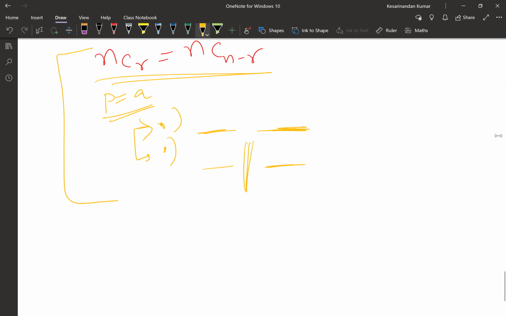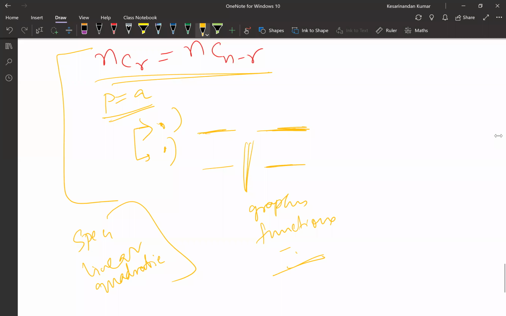So the two worksheets will be grouped like this: special equations, linear equations, and quadratic equations in one go. Your graphs, then functions, and questions related to functions will be in one go, and other algebra parts will be here. The PNC part will be different because it is in no way related to these.